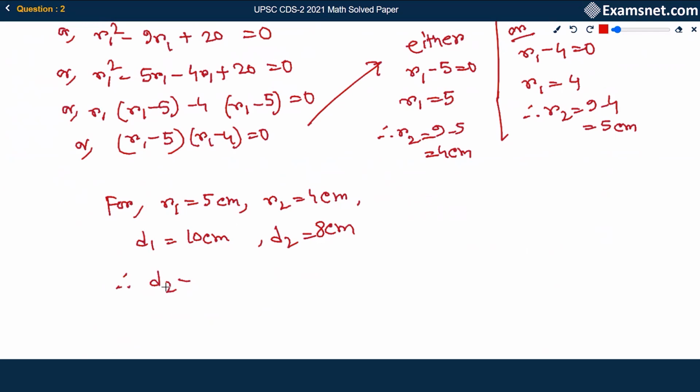Therefore, D1 minus D2 is 2 centimeters.